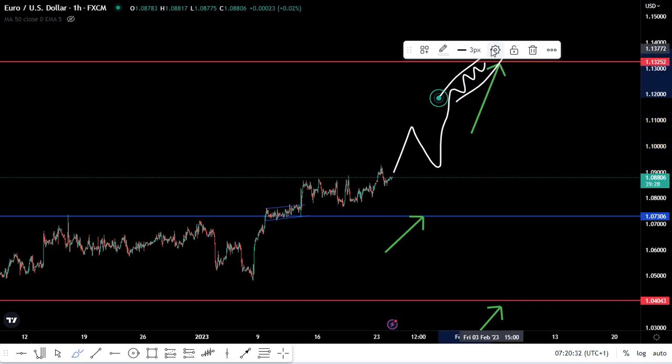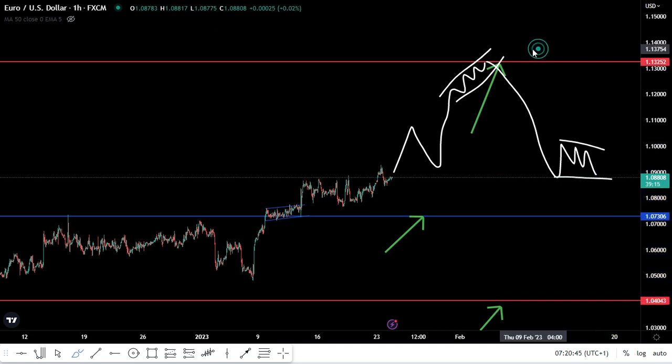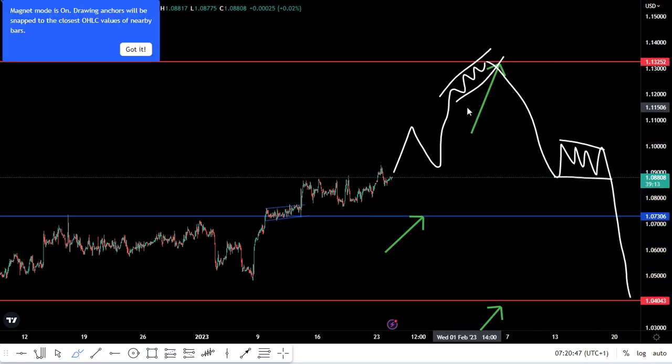You wait for the signal to reverse, and boom, we are likely going to have more movement to the downside once the price comes to this level. You can sell more and more. So basically these are what we are looking forward to see.